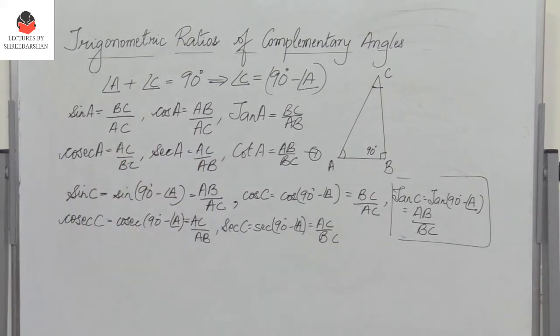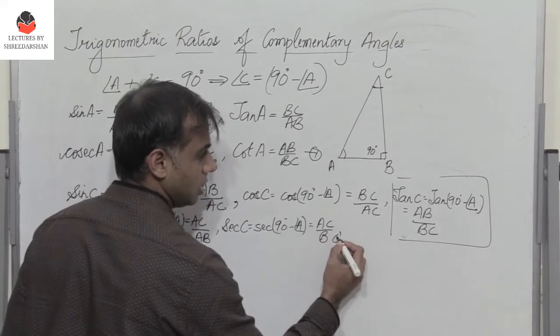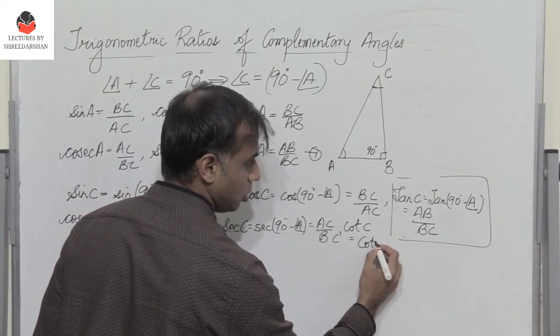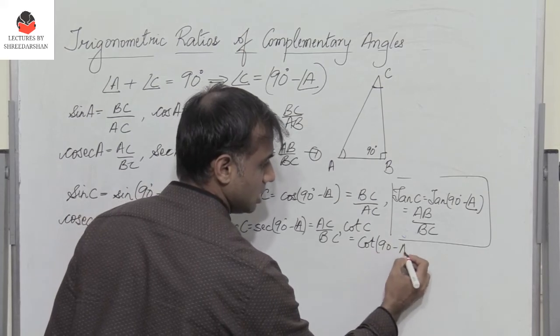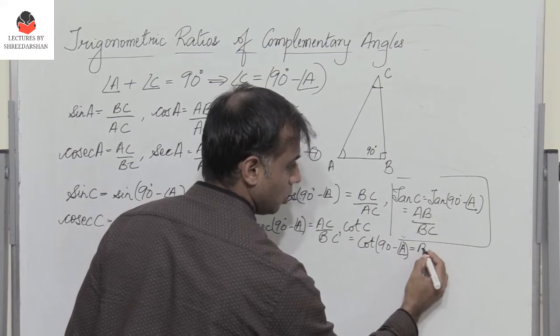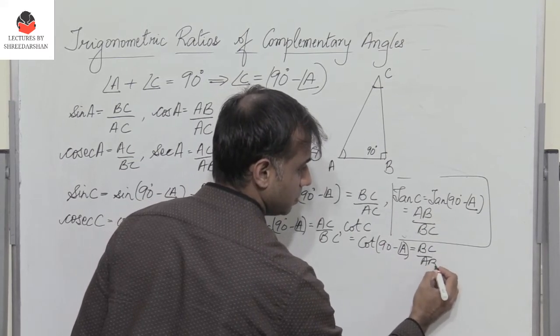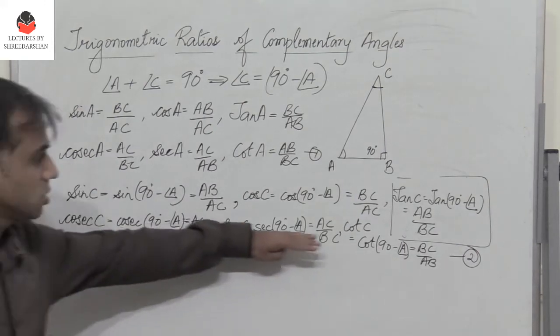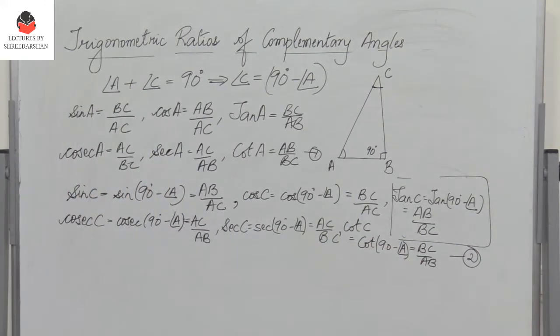And then we have cot C, right? So what is cot C? Cot C is cot of 90 minus angle A, which is reciprocal of this, which is BC by AB. So let me call all these relations what I've got as 2.